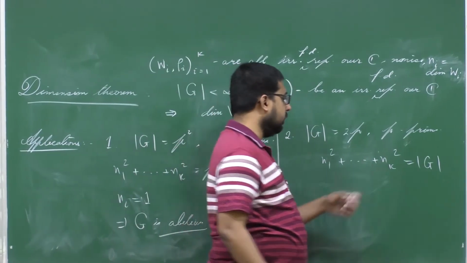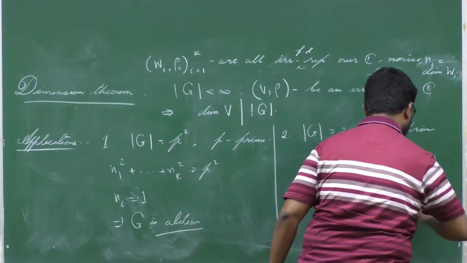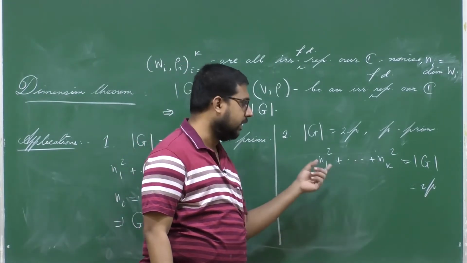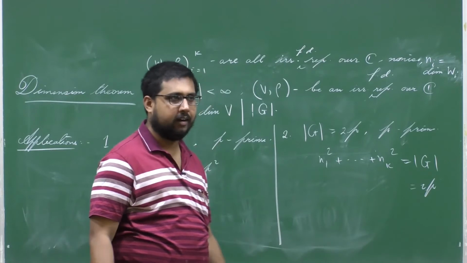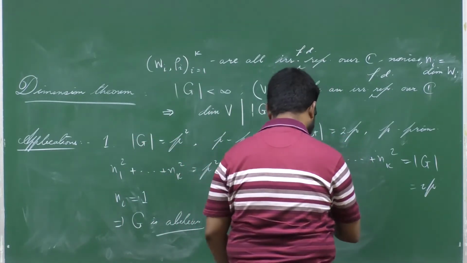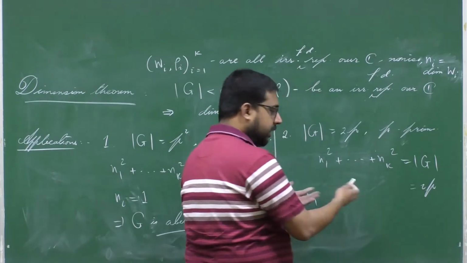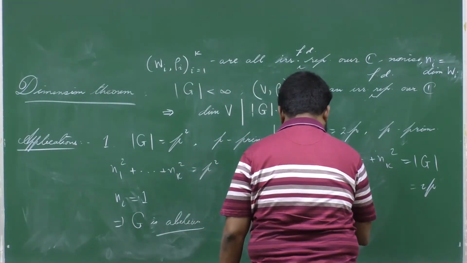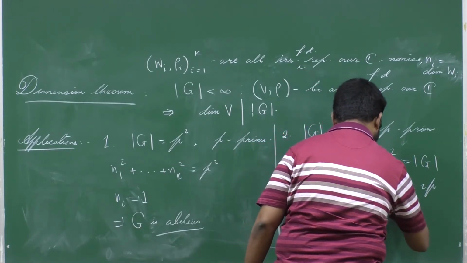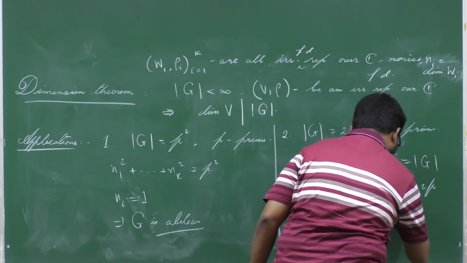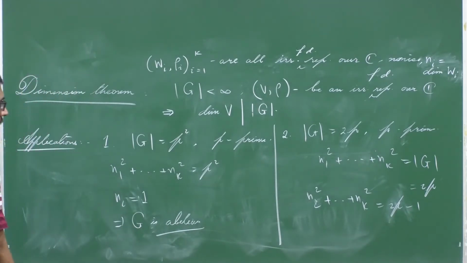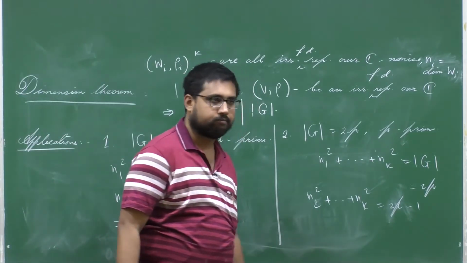So what are the possibilities? This is 2p, and one of the ni has to be 1. Let us say I take n1 equal to 1, because by relabeling I can always do that. Now what are we left with here?